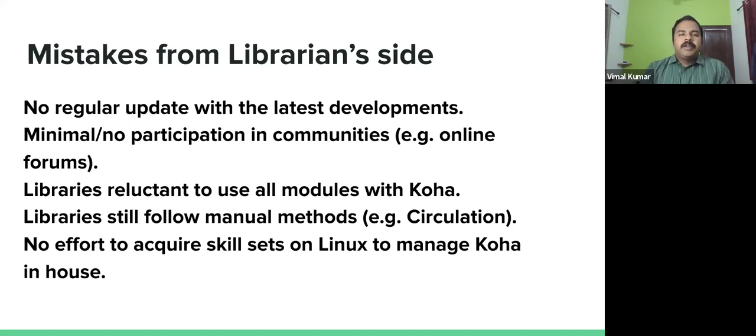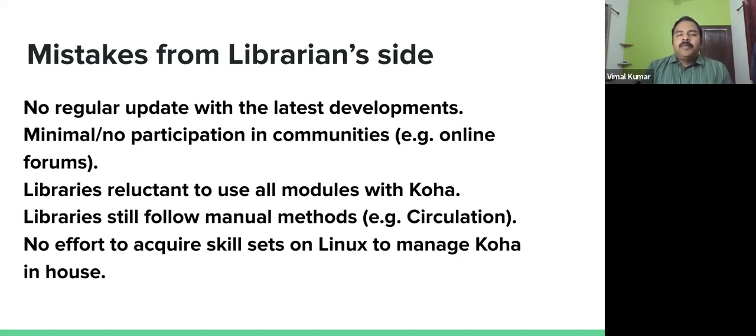Mistakes from the librarian side. What are the common mistakes? No regular update with the latest developments. Librarians are not tech-savvy people, they are not network administrators, so they do not try to keep in touch with the latest developments.